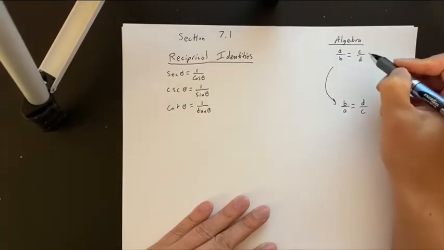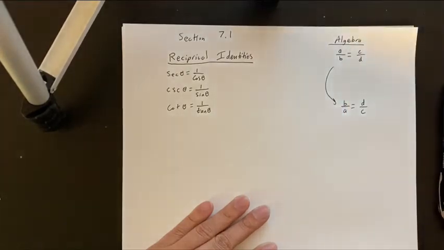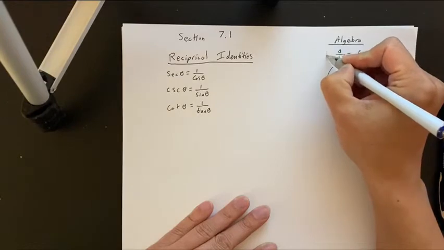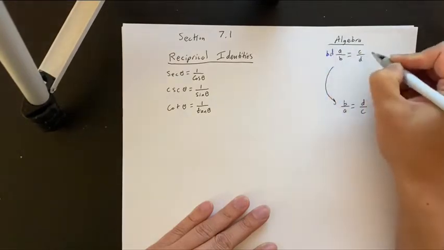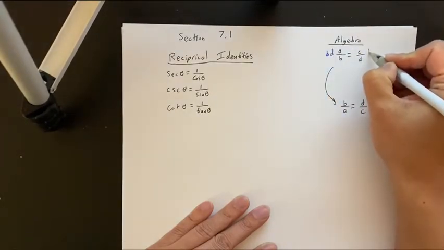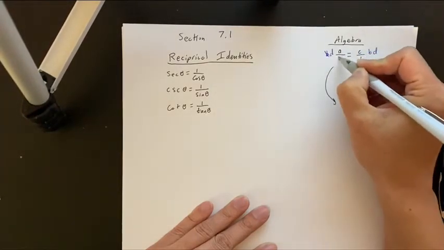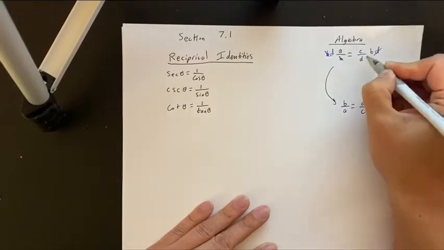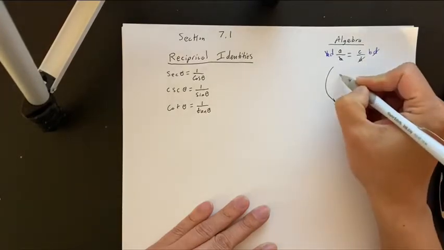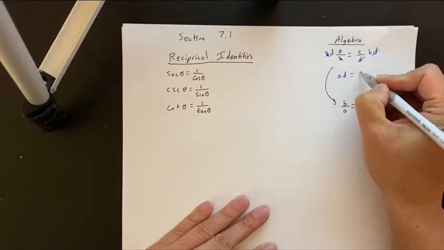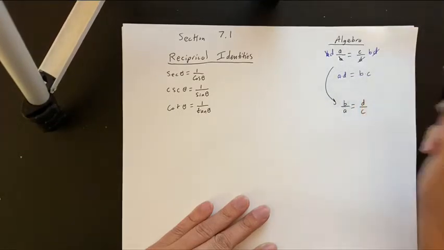This is really equivalent to multiplying both sides by BD. So if I multiply the left side by BD, I multiply the right side by BD. So what's going to happen to the left side? B will cancel, D will cancel, and so A times D is equal to B times C.